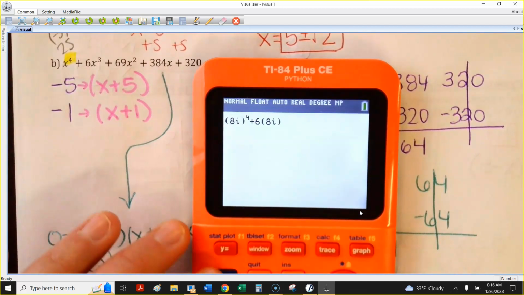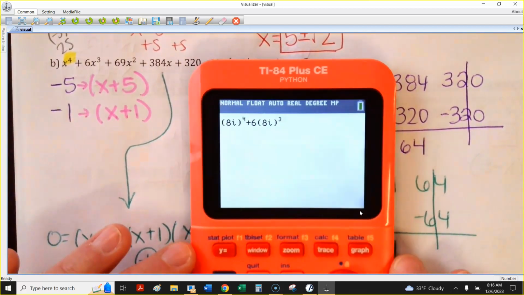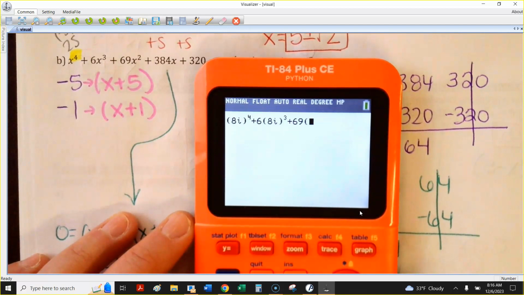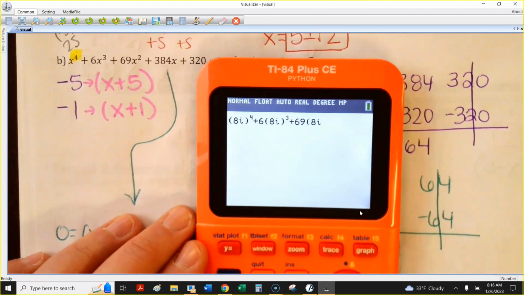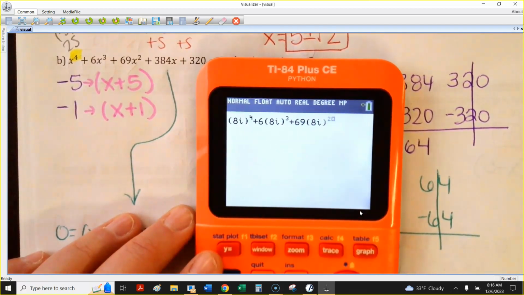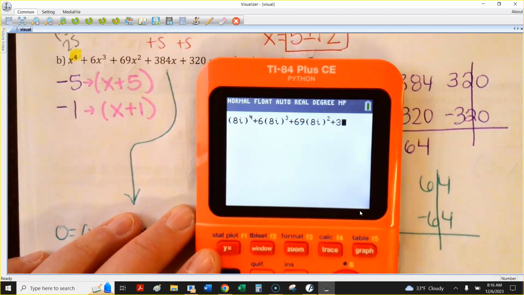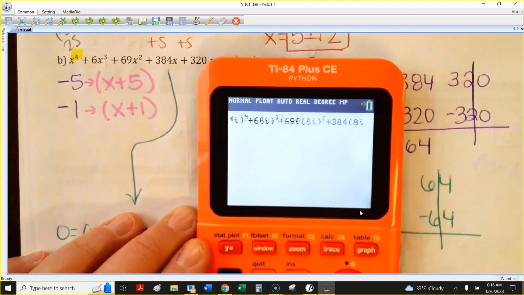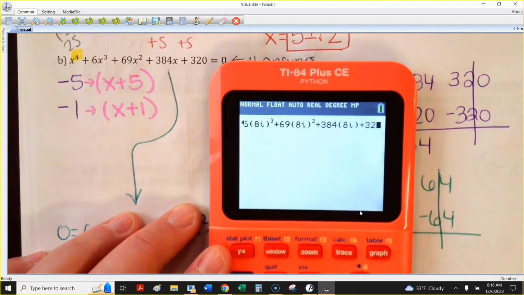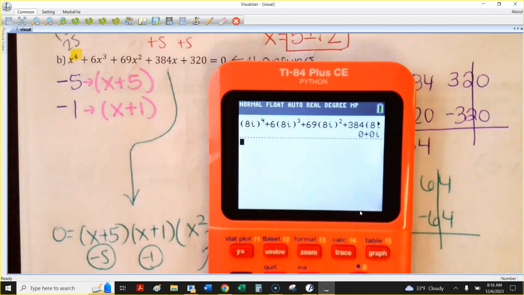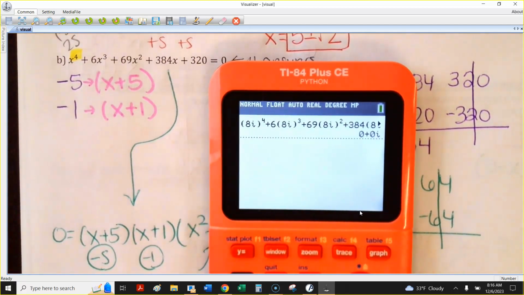That's to the 3rd. Then I have 69 times 8i to the 2nd, and then I have 384 times 8i, and then I have plus 320. It's going to write it in imaginary format, but 0 plus 0i is just 0. So that way I can check and make sure that made the equation true.